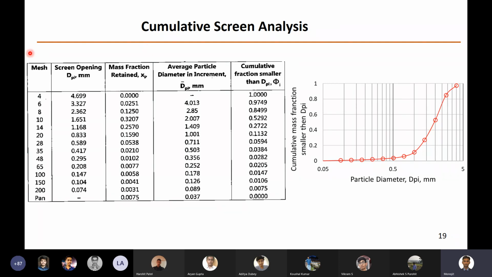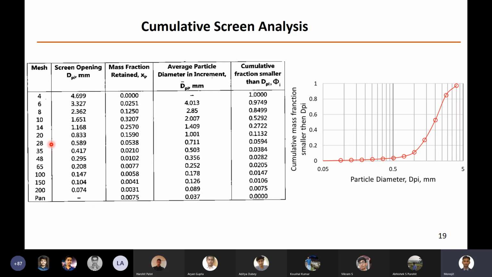So if you see the next laboratory experiment, which only the third year batch can see, I'll show one experiment to the entire theory course class also, where I had done some sieve analysis of a specific sample. Then you will get the idea of what you will get from the experiment.